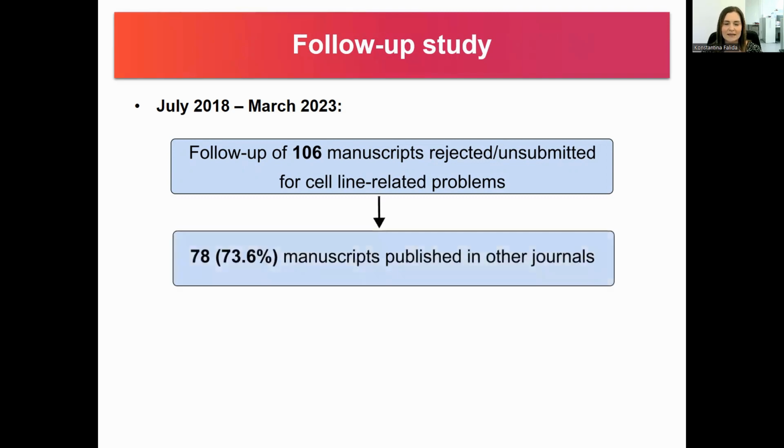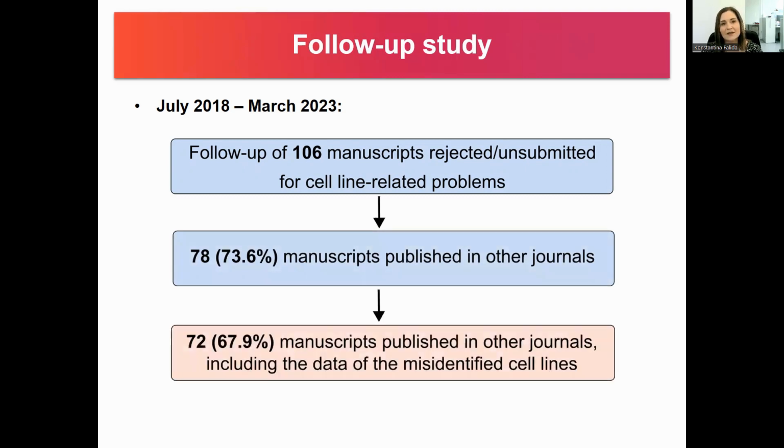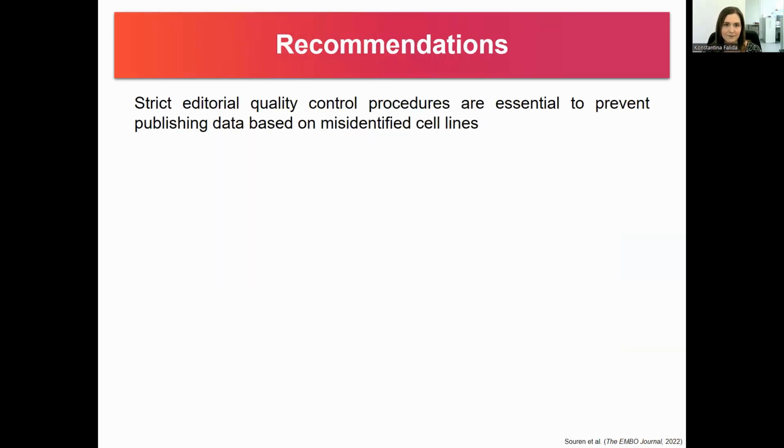In March 2023, 78 of these manuscripts were published in other journals, of which 72 manuscripts still included the data of the misidentified cell lines, although the authors were informed about the cell line problems observed in their manuscript in our decision letters. Based on our experiences, we have several recommendations for journals and publishers to avoid the publication of studies including misidentified cell line data.